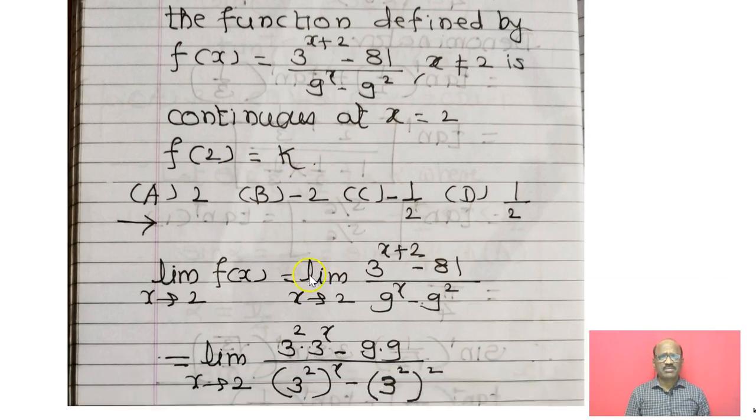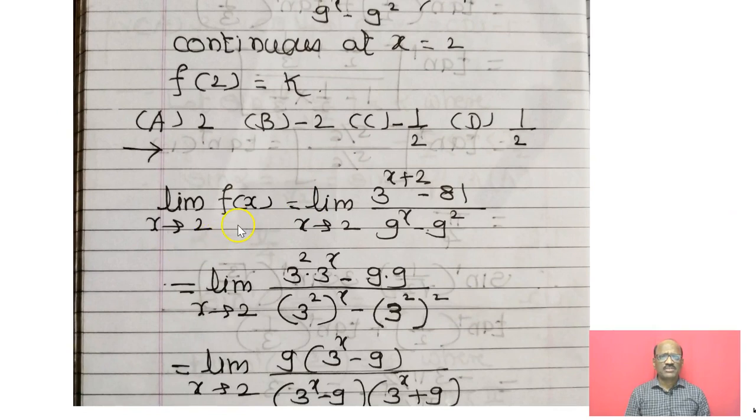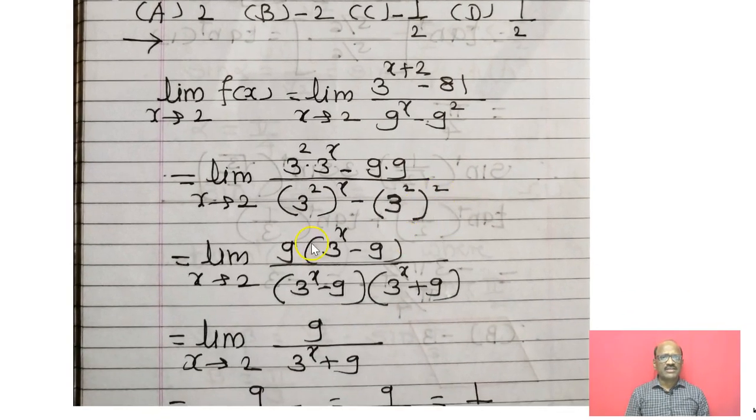This is a very simple problem: limit x tends to 2 of f of x. That is 3 raised to x plus 2 minus 81, which can be written as limit x tends to 2 of 3 raised to x minus 9 into 9, upon (3 raised to x) whole squared minus (3 raised to 2) whole squared. Taking 9 as common, you get 3 raised to x minus 9 upon (3 raised to x minus 9) into (3 raised to x plus 9).